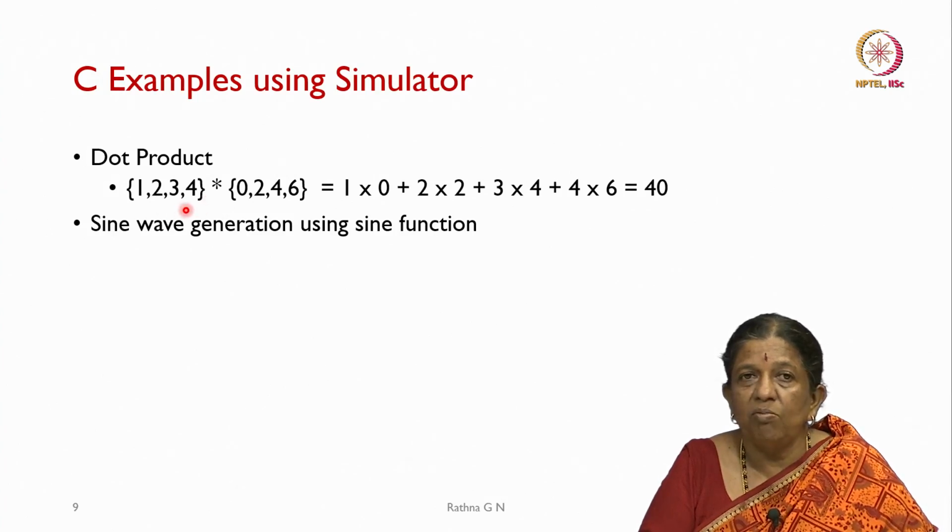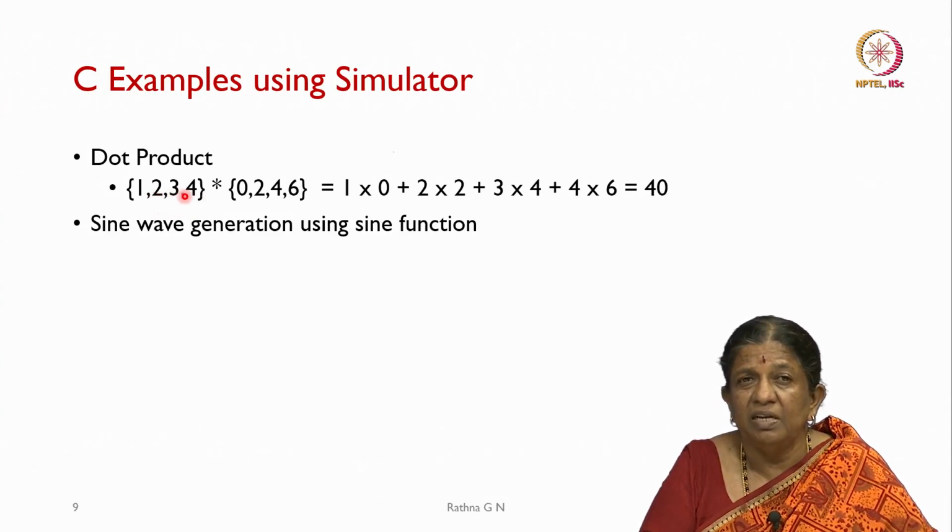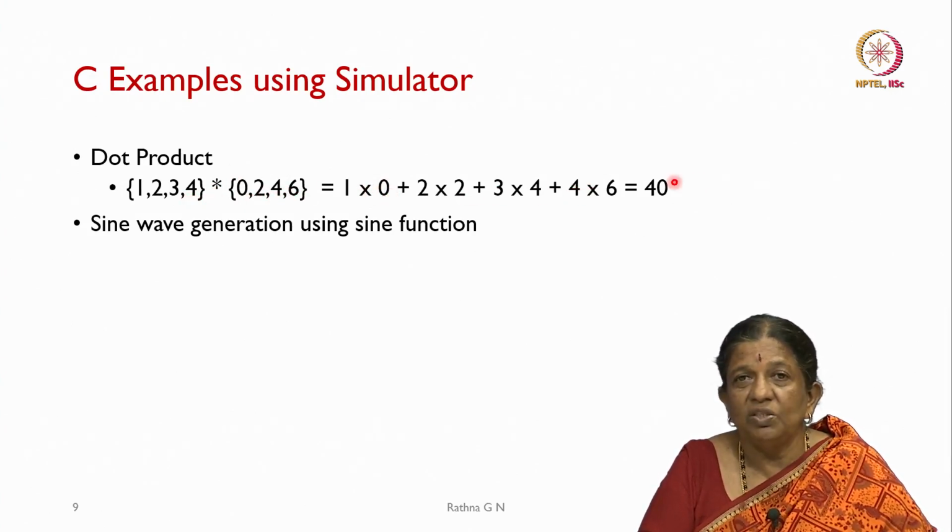As an example for dot product, we have taken x of n as 1, 2, 3, 4 values, and the other one is 0, 2, 4, 6. As we know, the dot product of these two is given by this formula. The total we are supposed to get is 40.